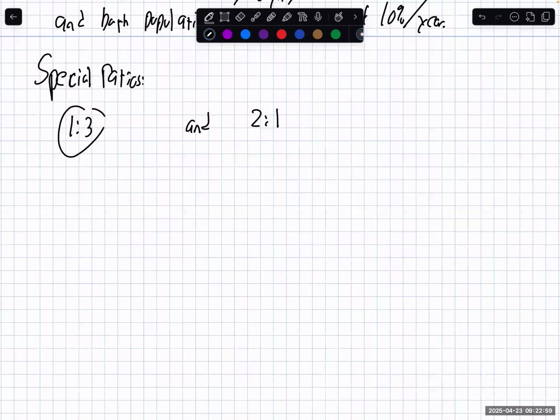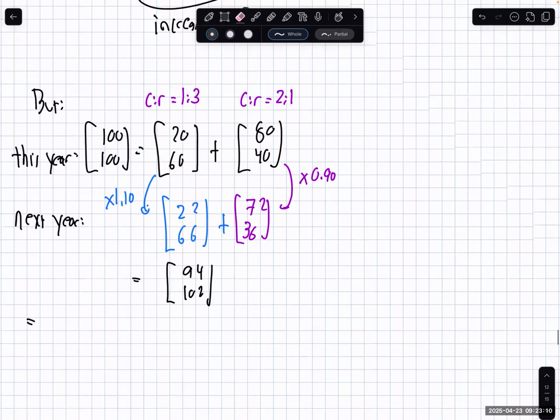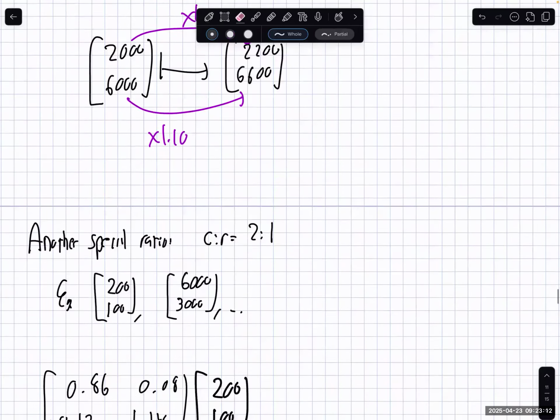So in the 1-to-3 ratios, actually, let me go back to the examples I actually used.